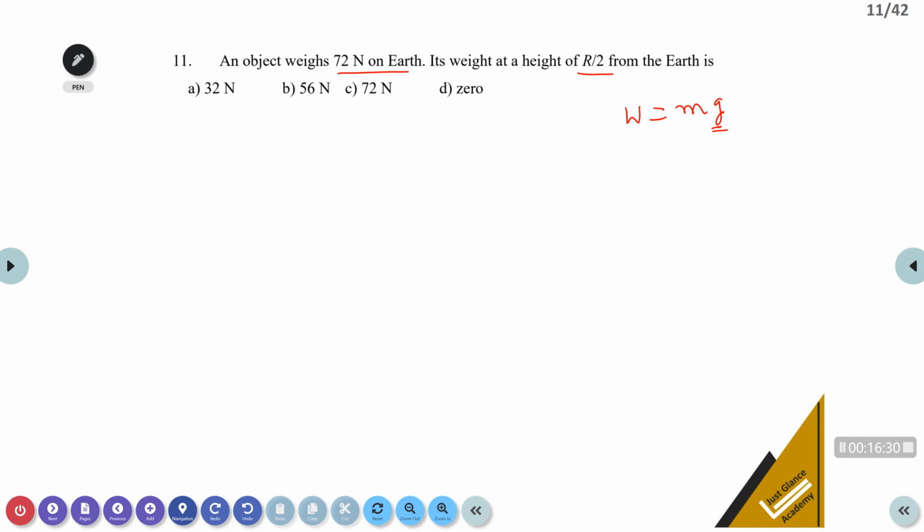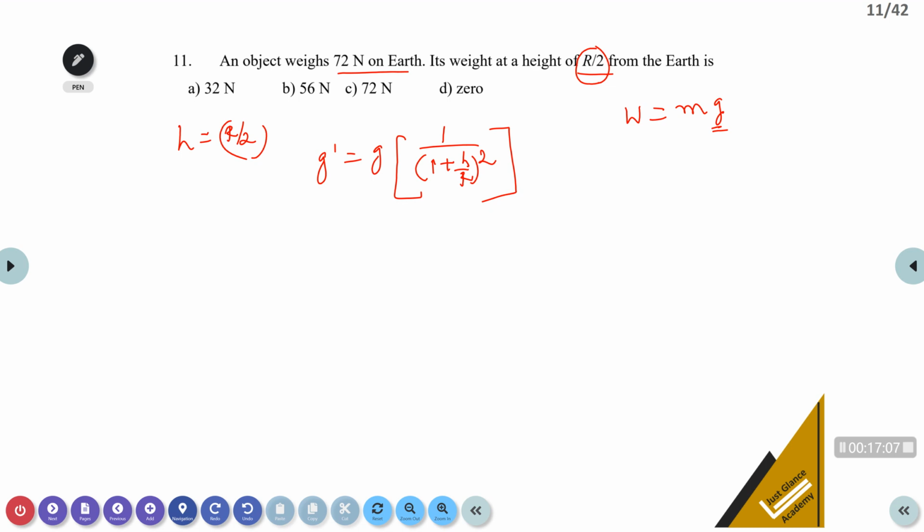Now our job is to find the acceleration due to gravity at a height h equal to R by 2. Use the equation g dash equal to g into 1 divided by the bracket 1 plus h divided by r, whole square.